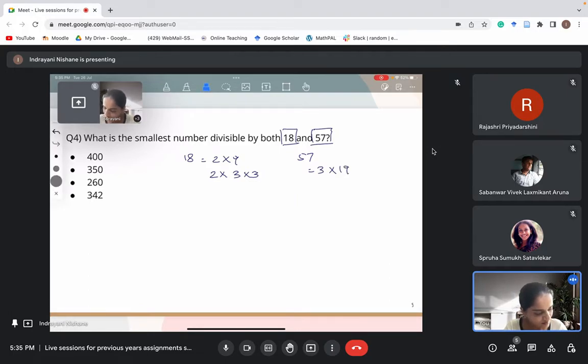So let's try to calculate the LCM here. So 2, comma 3, comma 19.